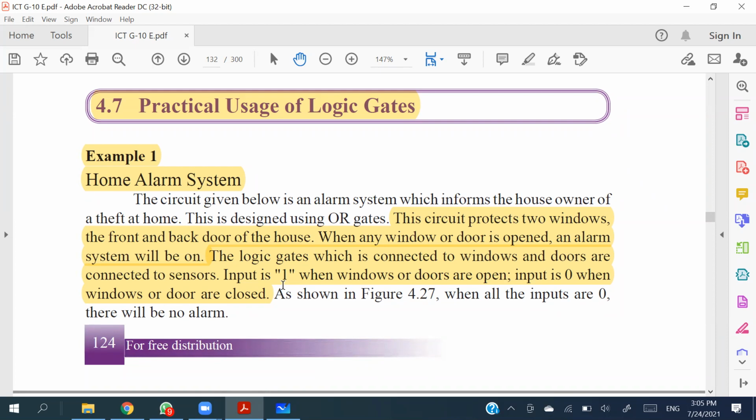So start from this point. You can copy down the highlighted parts. Then I'll show you what to be written, right?